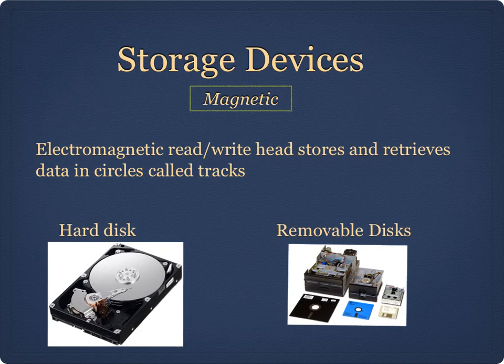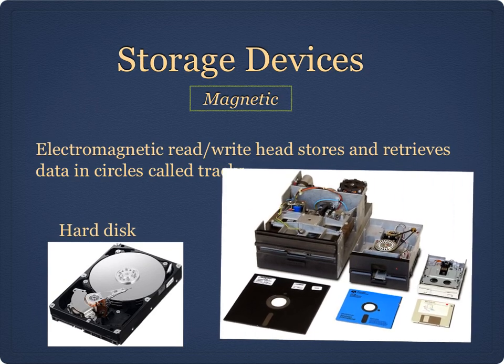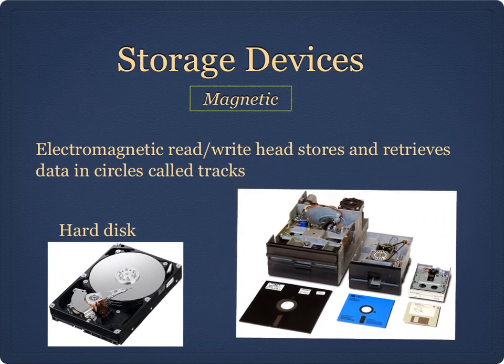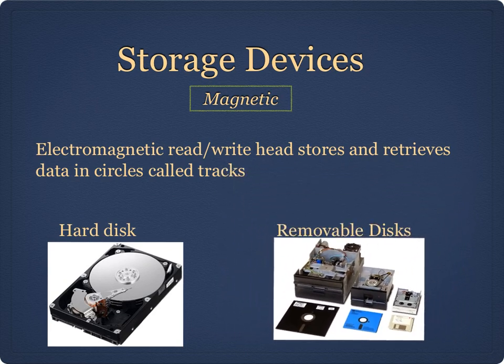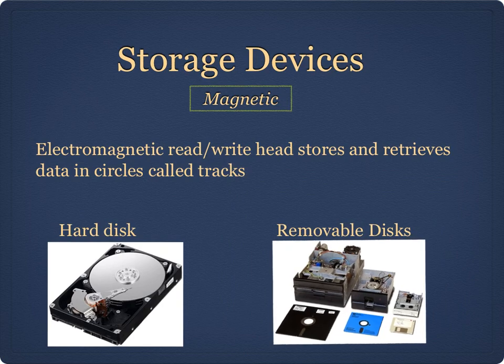The amount of data that can be stored is much larger than what can be stored on other types of magnetic storage devices. Removable disks, shown here, like a 3.5-inch disk or a zip disk, are practically obsolete now due to the use of USB drives.